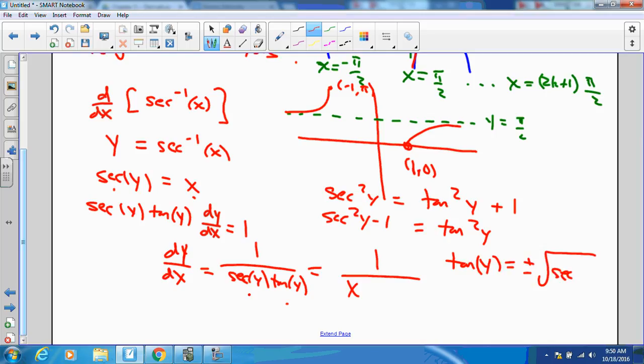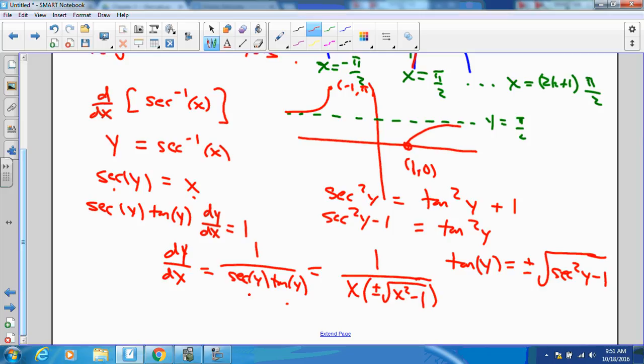So here we have an ambiguity, except for one thing, and that is that we have a plus or minus sign. Tan y could be the square root of secant squared minus 1, or it could be the opposite. Which one do I choose? Here's the very interesting thing.